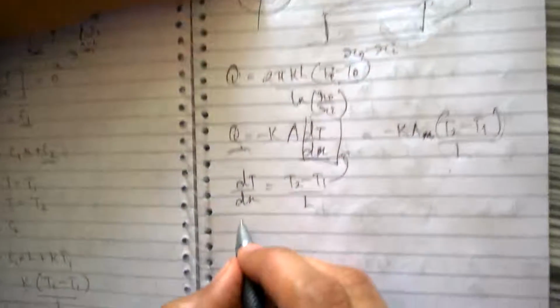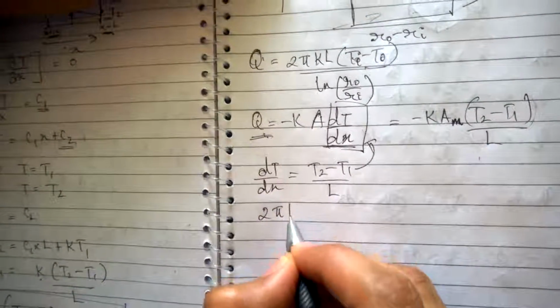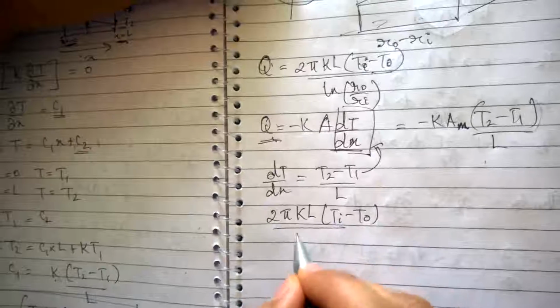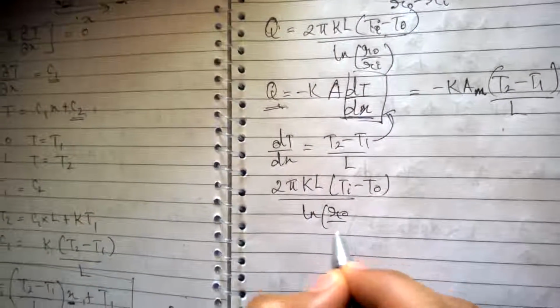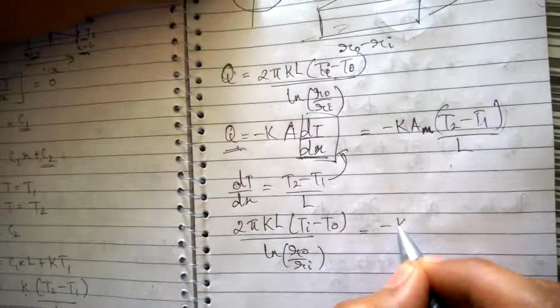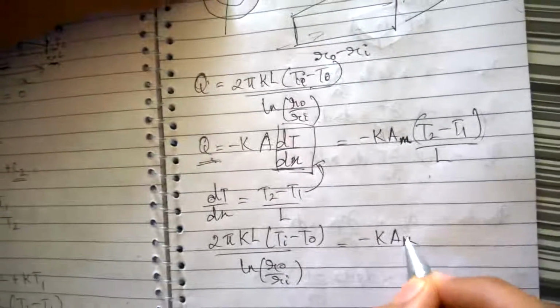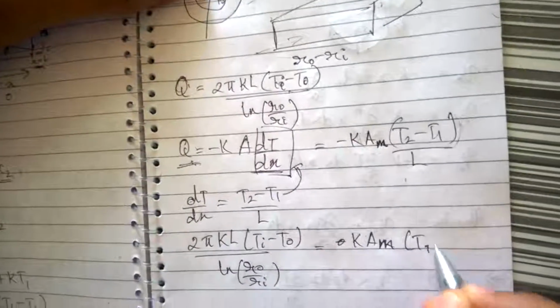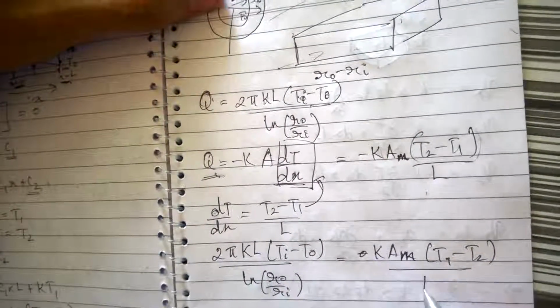So now if we want to derive it, we can say that 2 pi KL (Ti minus T naught) by ln of R naught by Ri is equal to minus K A mean. Now this minus can be removed and written as (T1 minus T2) by L, right?